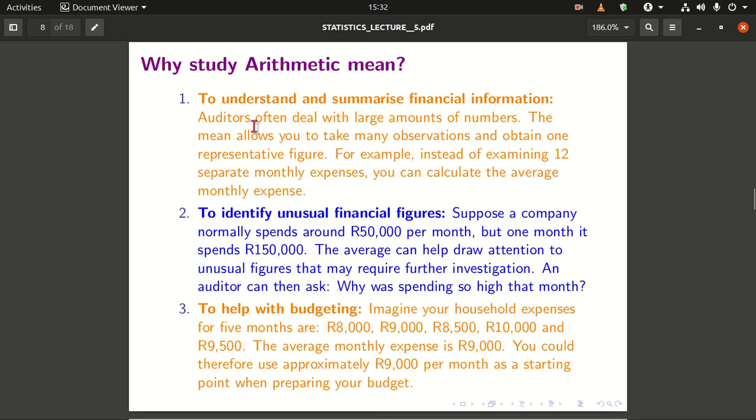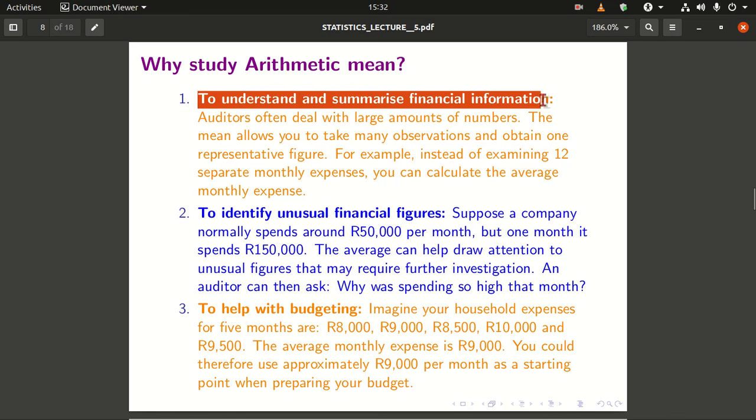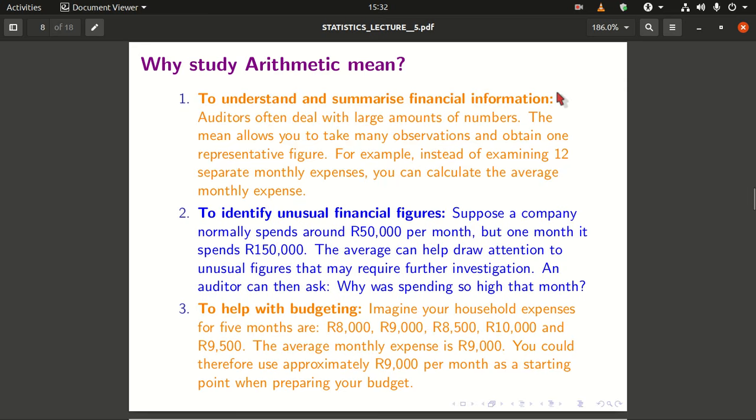So the mean or the averages are very useful when you are trying to understand and summarize financial information. Usually, auditors often deal with large amounts of numbers. I want to explain this a little bit because it actually affects all of you.